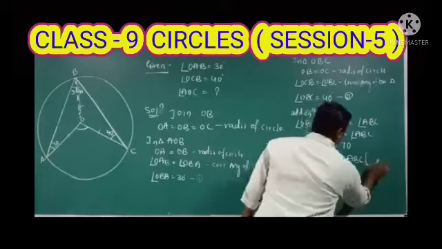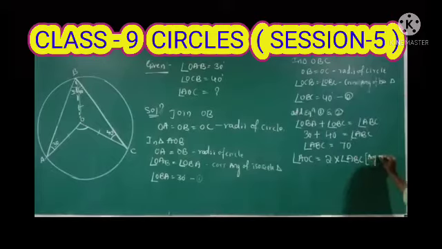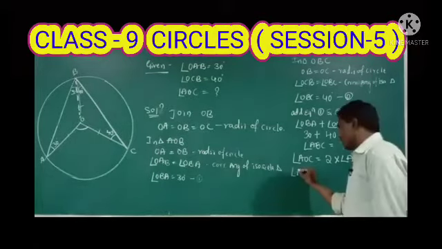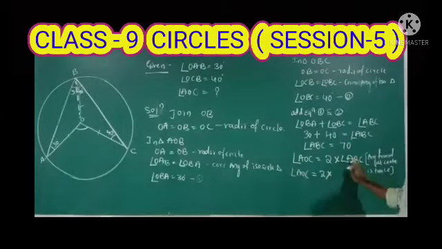What do you have to write as the reason here? Angle formed at center is twice, right? So angle AOC, which is equal to 2 into angle ABC, is 70 degree.